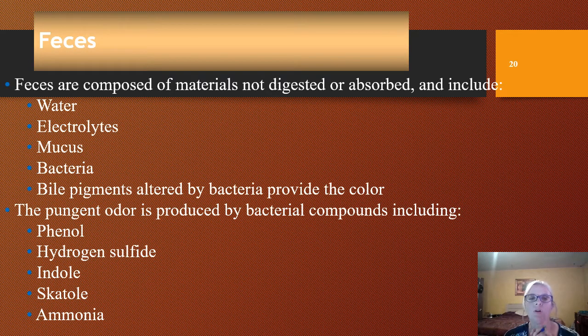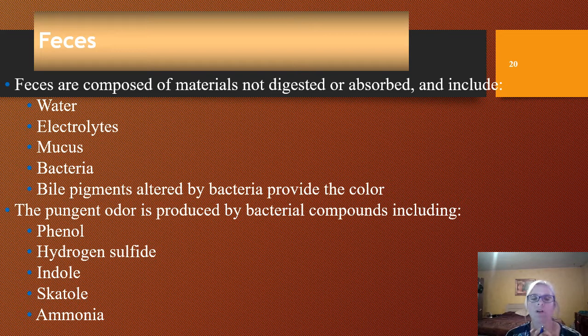All right, so all you wanted to know about poop and more. What are feces made of? Well, they're made of everything that's not digested or absorbed, which is going to be some water, some electrolytes, mucus, and bacteria. Bile pigments that are altered by bacteria actually give the color to poop. And then, of course, we have undigested material like cellulose that we're not able to digest.